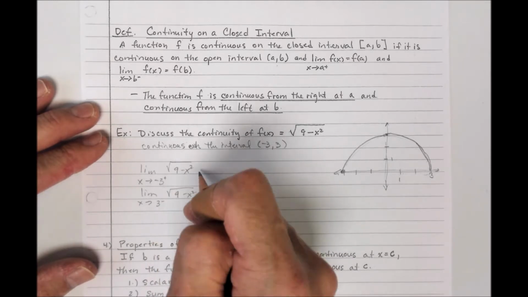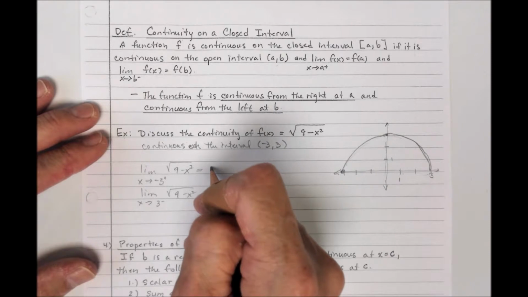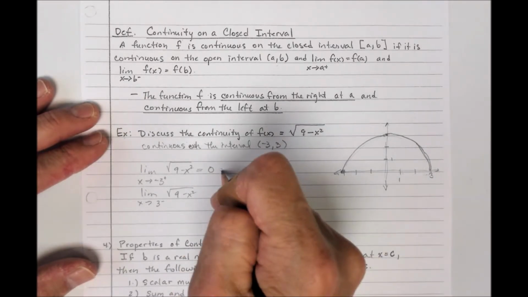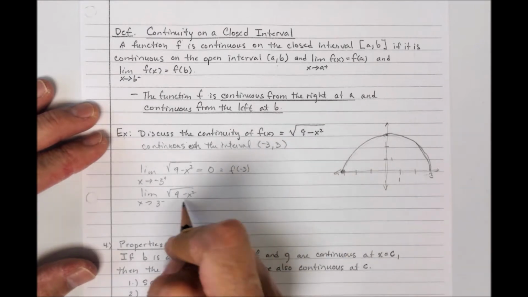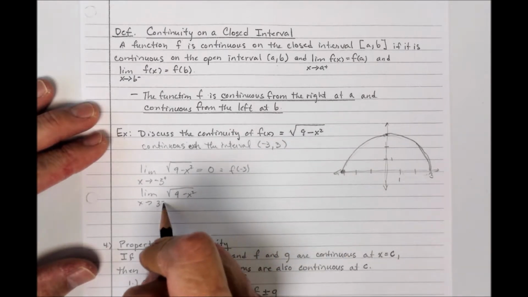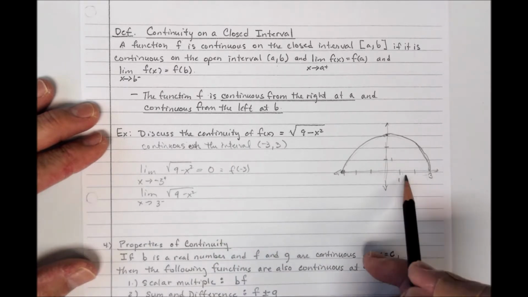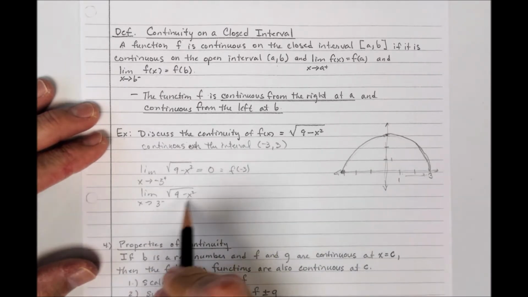You can take the square root of a positive. So this is going to equal 0, and this is good because this is equal to f of -3. And if I look at values from the left side, as I approach 3 from the left, I have the square root of 9 minus x squared.